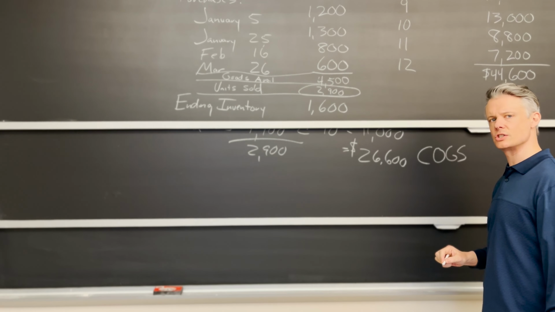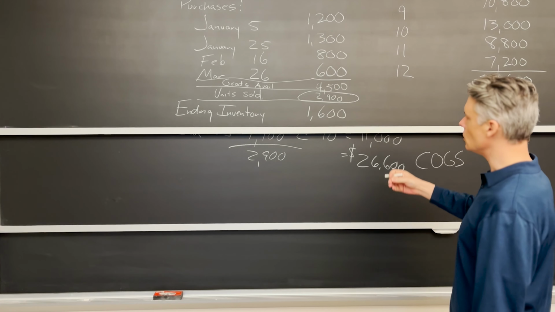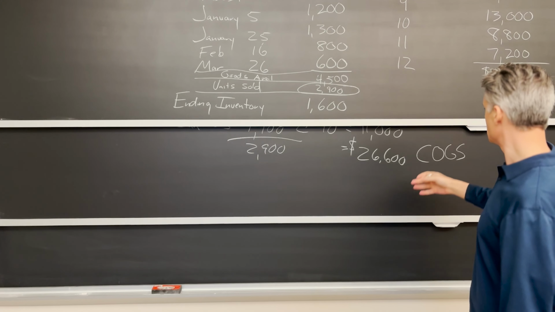So this answers question 1. Cost of goods sold under FIFO is $26,600.